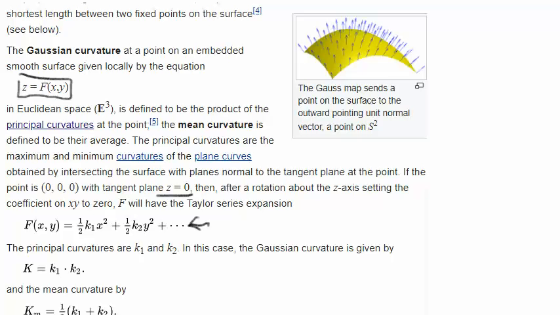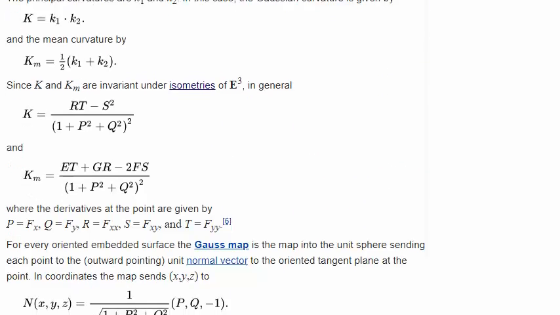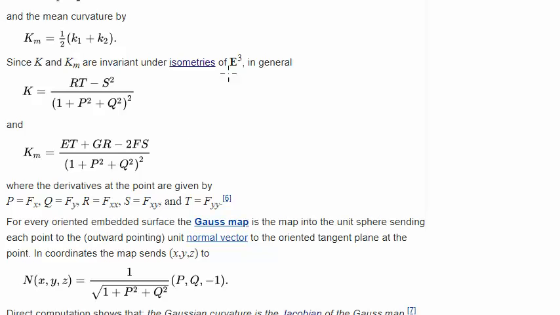However, they don't use that same math down here where they calculate this p, q, r, s, and t. I figured it out in another video that did not get saved, unfortunately, so I can't show it to you.